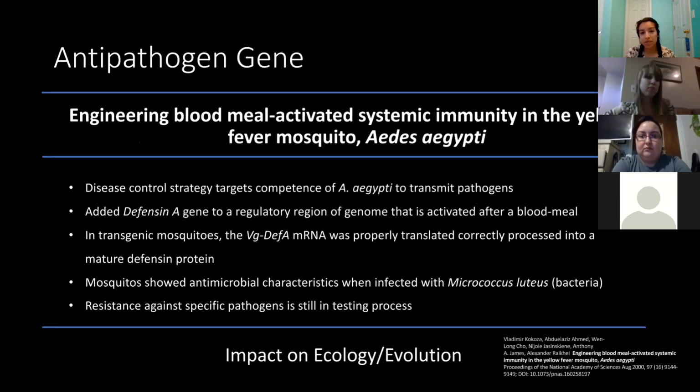So basically after the mosquito eats blood or has the blood meal from the human or other animal, it activates this part of the genome, which correctly processes into a mature defensin protein. And this protein basically increases the immunity of the mosquito to certain bacteria or viruses or pathogens. So in this case, this gene produces antimicrobial characteristics when infected with a certain bacteria.